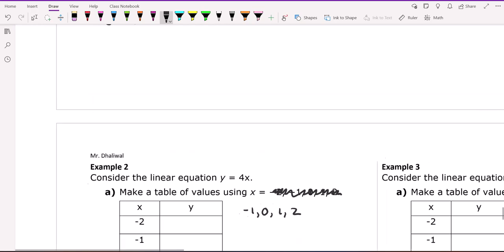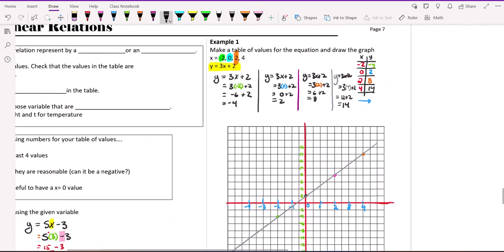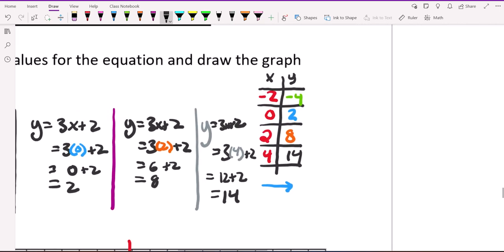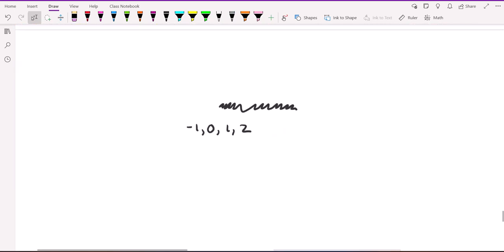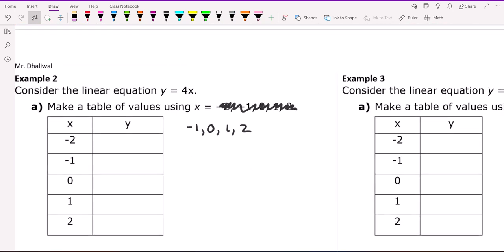Last day, we went up by 2s each time. If you're going up by a pattern, there should be a pattern that forms on this side. That way, if you start making mistakes, you should hopefully notice it, right? So that one is not a necessary thing, but I would suggest picking a pattern, going up by 1s, going up by 2s.